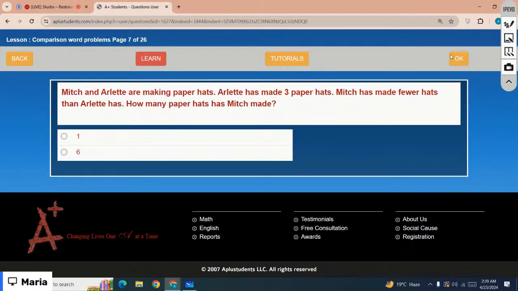Which is the correct option? Fewer than three, right? So fewer than three is one. The correct option is one.